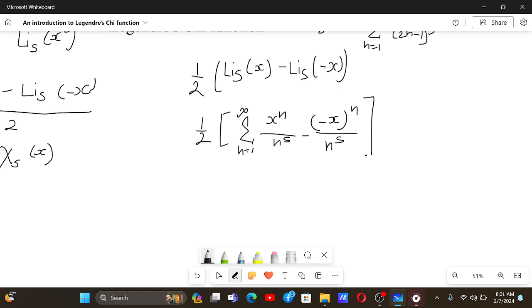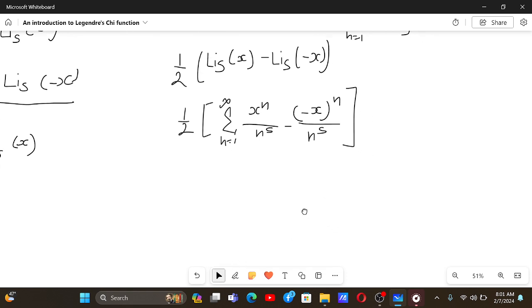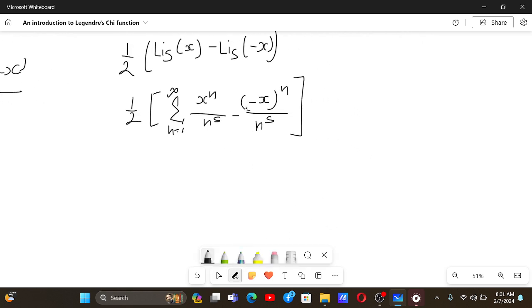Now let's see how this sum goes. If n is an even power, we have x to the power 2n by 2n to the power s minus x to the power 2n by 2n to the power s.